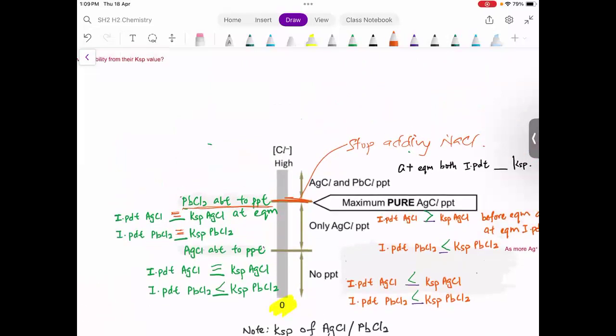Precipitation, because you pump in more chloride, so it will push more solid out. Ionic product exceeding Ksp means that it has gone beyond its saturation point.